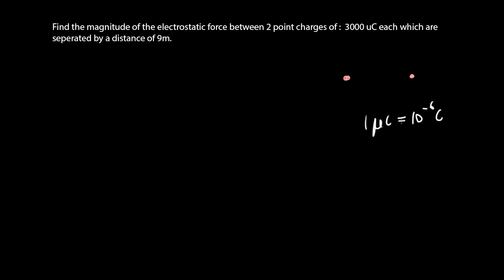Okay, so how much would be 3000 microcoulombs? Well, I believe that 3000 microcoulomb will be equal to 3 times 10 to the negative 3 coulomb. You can calculate that yourself. So this is 3 times 10 to the minus 3 coulomb, and this is also 3 times 10 to the minus 3 coulomb. And these are of the same polarity, so there will be a repulsive force between them, whose magnitude we have to find out.